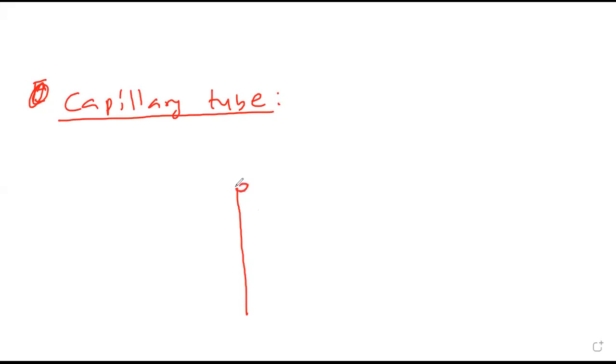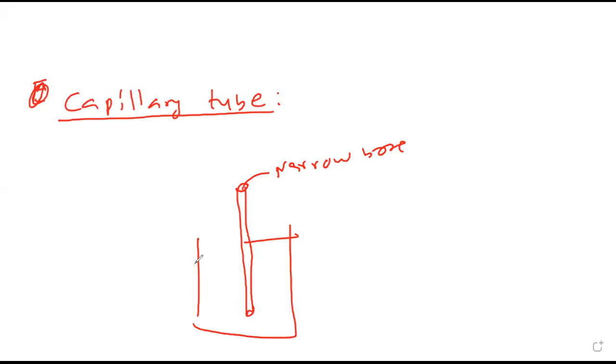So it is a very thin tube. A glass tube with a narrow opening, or we say bore, is called a capillary tube. When it is immersed in a glass jar containing liquid, either the liquid will rise in this tube or it will fall. That action is called capillary action and that tube is called a capillary tube.